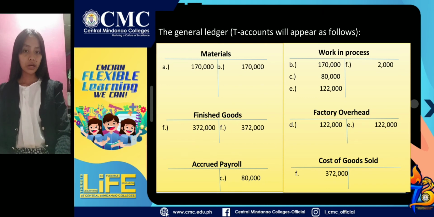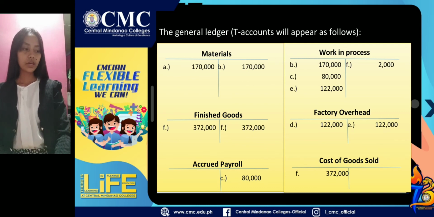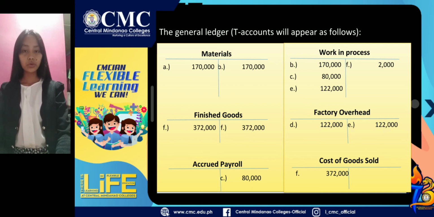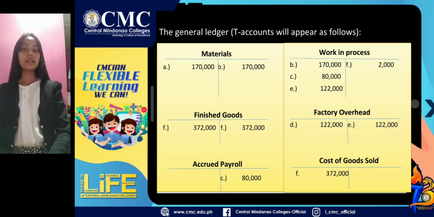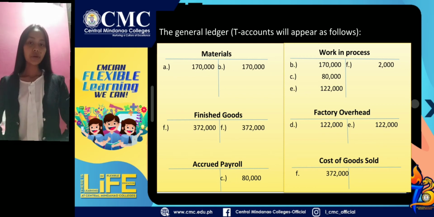May utang pa po yung trams sa mga employees kaya nag-credit po tayo ng accrued payroll of 80,000. And then sa last transaction, we have cost of goods sold. We debited 372,000 kasi ito po yung naibenta na lahat ng telephones at may napasok na ng mga pera sa trams galing sa pagbebenta ng telephones. Okay, so that's how we record the transactions using the traditional costing system.